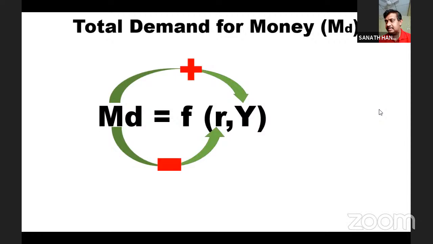People keep more money in their hands for the transaction purpose and for the precautionary purpose, when they have more income.